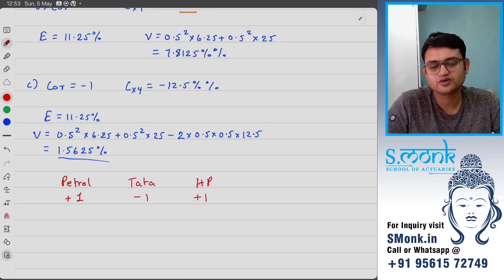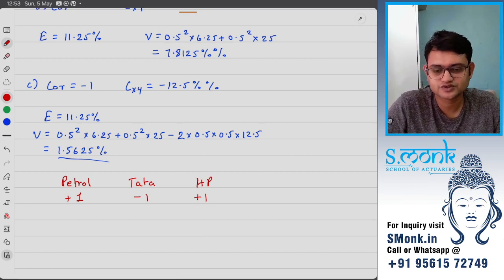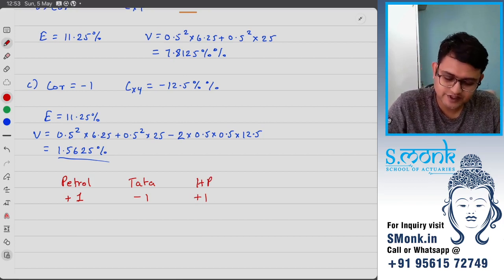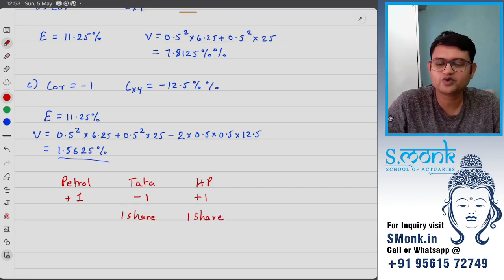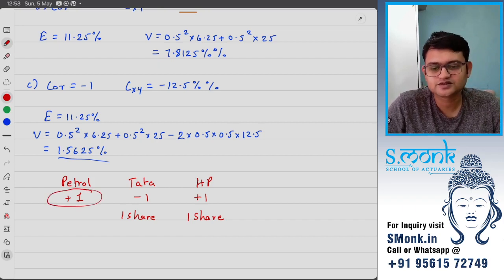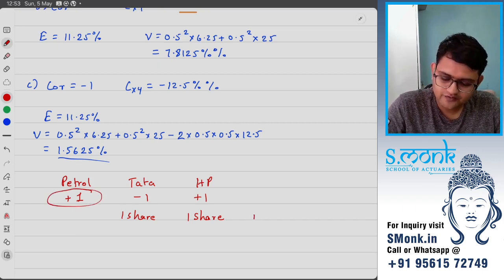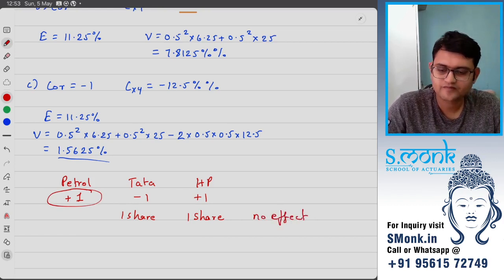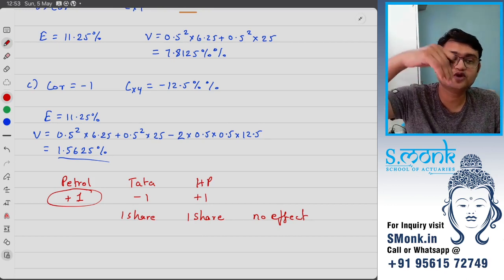I'm just assuming, it can be any ratio, but that just means if I buy one share of Tata Steel and one share of HP Petroleum, now if petrol prices increase, I will have no effect on my portfolio. The same thing you can see if petrol price decreases.